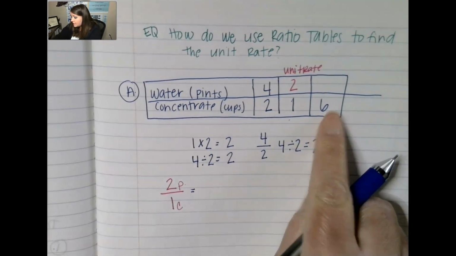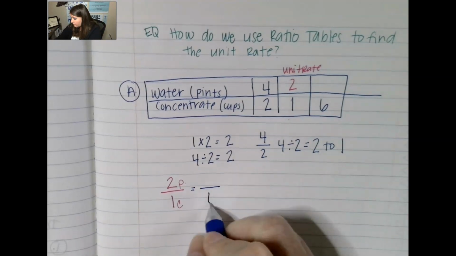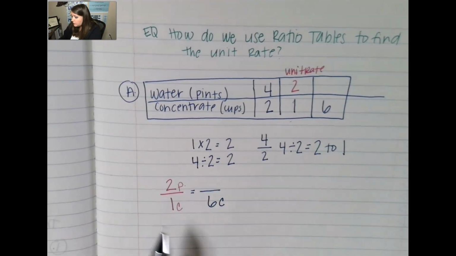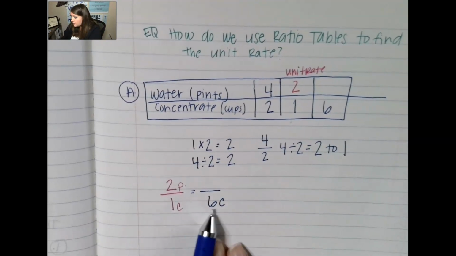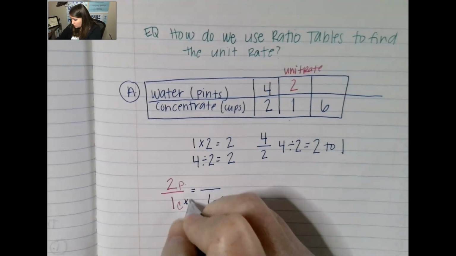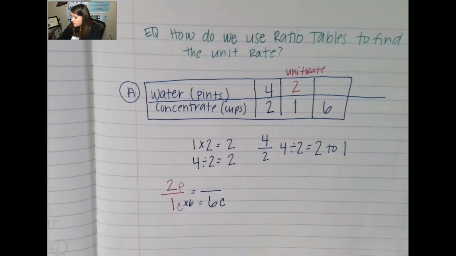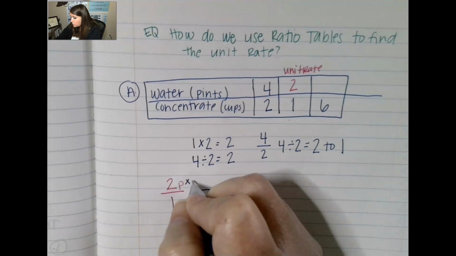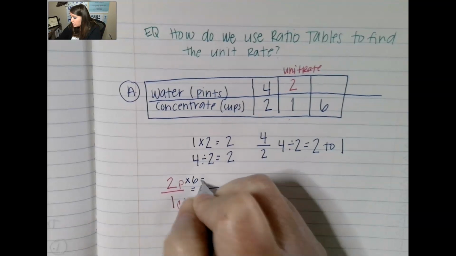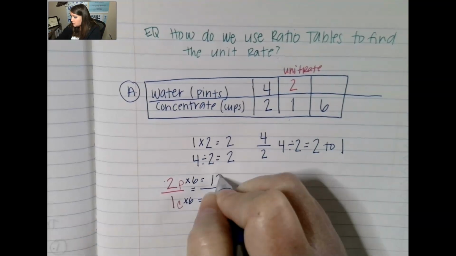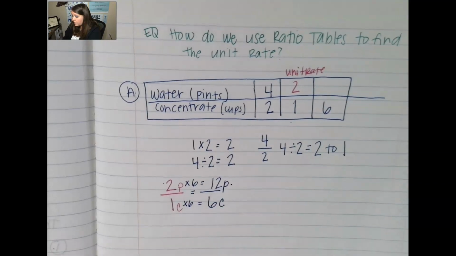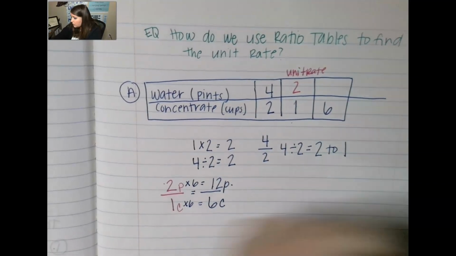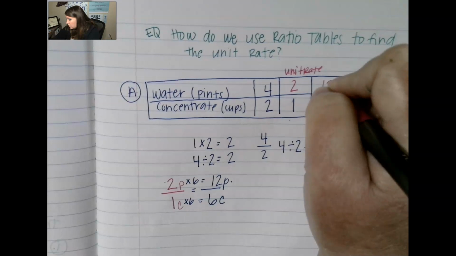I need to get to 6 cups. So 1 times 6 equals 6 cups. So on the top, I'm going to multiply by 6. 2 times 6 is 12. 12 pints. So what's going to go here? This one's going to be 12.